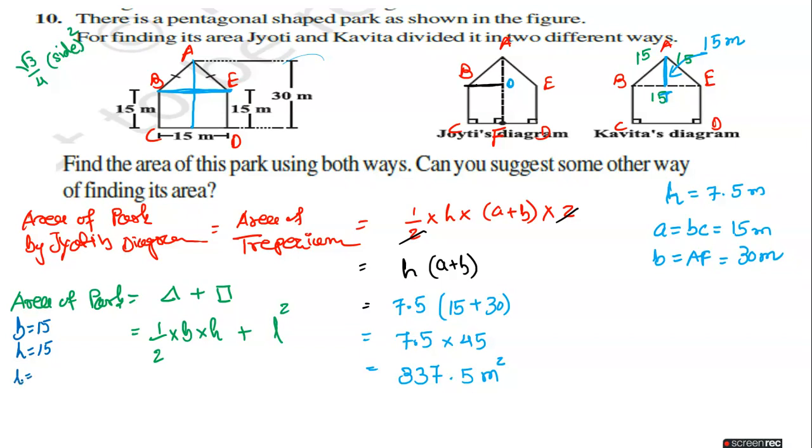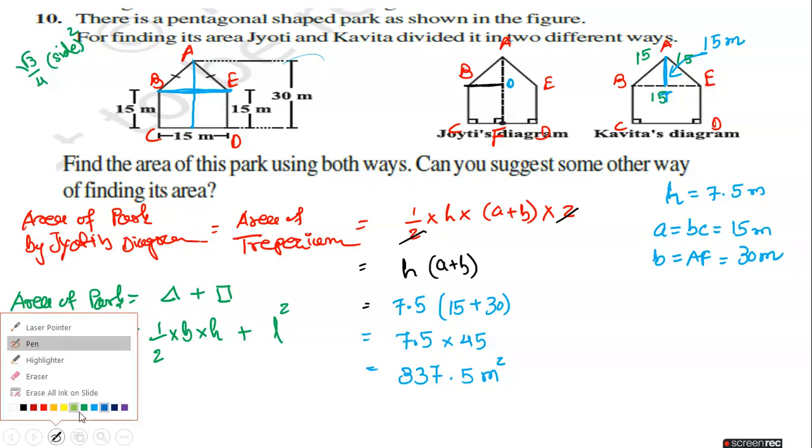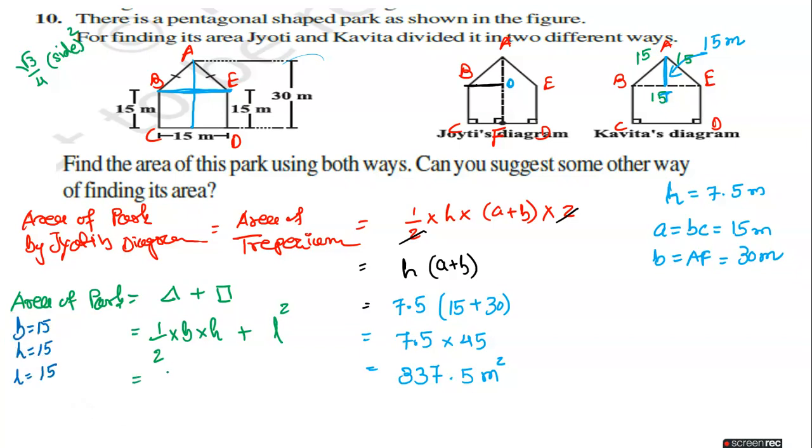L is also 15. Then 1 by 2 into 15 into 15. 15 square is 225, I have written directly. Plus L square means side square, so again 225. One step I have cut, but you can understand.